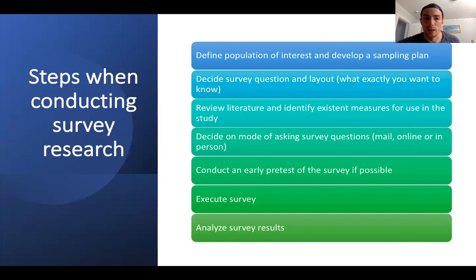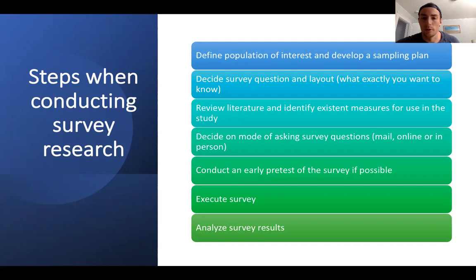How do you exactly conduct survey research? Well, first you need to find out which population you want to study and then create a sampling plan. Then you need to determine what your survey question is going to be, because the survey question is going to ideally pull out what you hope to learn or what you want to know from that population.